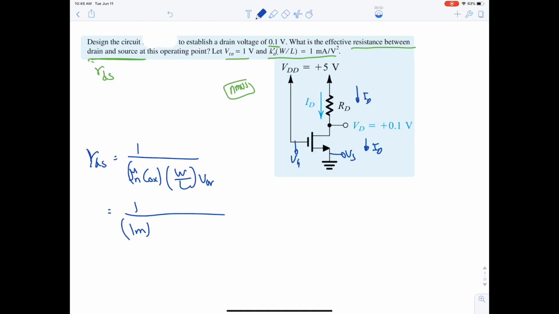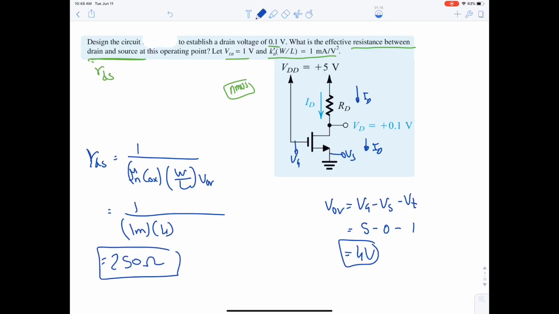Now VOV is VG minus VS minus VT. VG is 5, VS is 0, and VT is 1. So the answer is 4 volt. Okay, so 4, and this will give us 250 ohm.